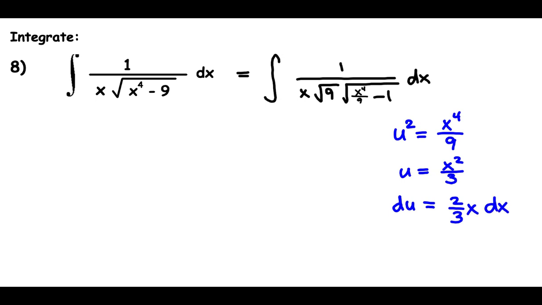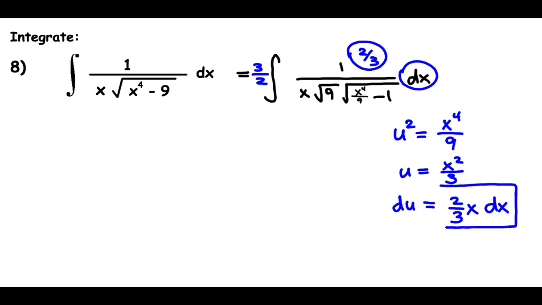So we need a 2/3 x dx. I could multiply the top by 2/3. Put a 3/2 out front. I think I'll do that. That way I have the 2/3. I've got the dx. I just need the x, and I'll have all three of these.